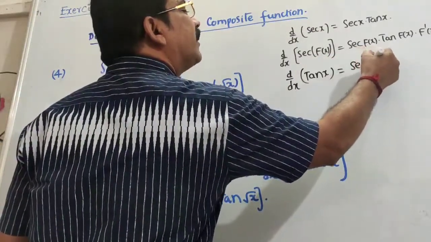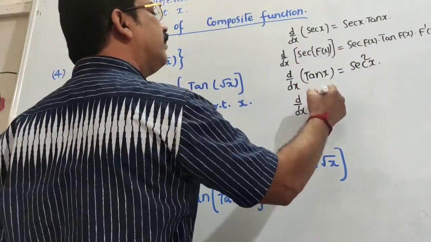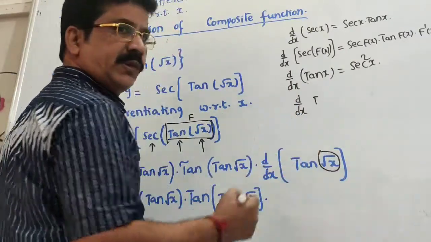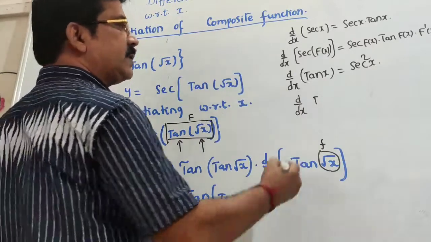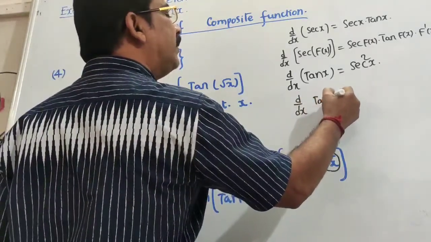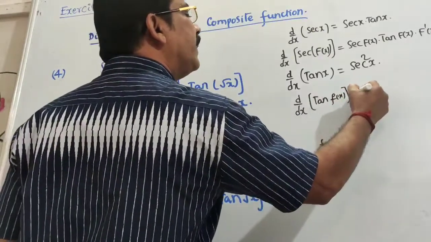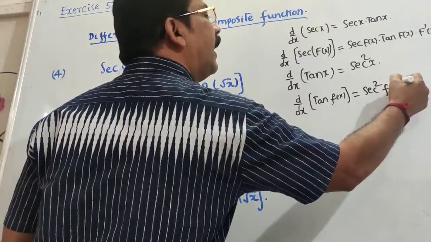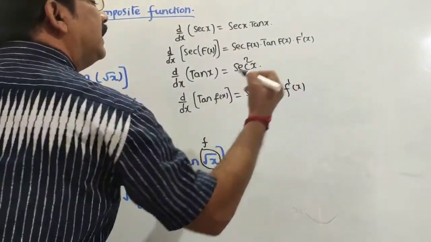Secant square x. But it is not only x, that's why we are treating it as f of x. D by dx of tan of f of x equals secant square of f of x into f dash of x.